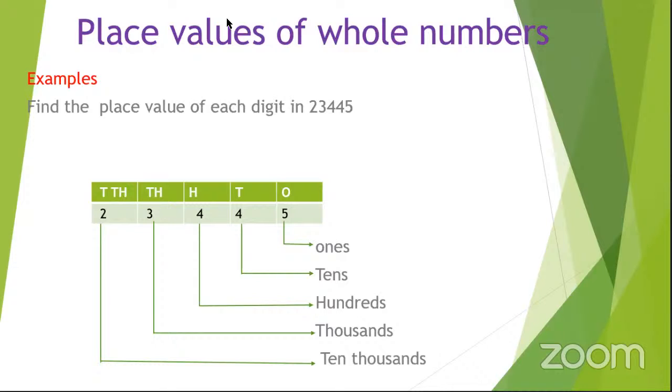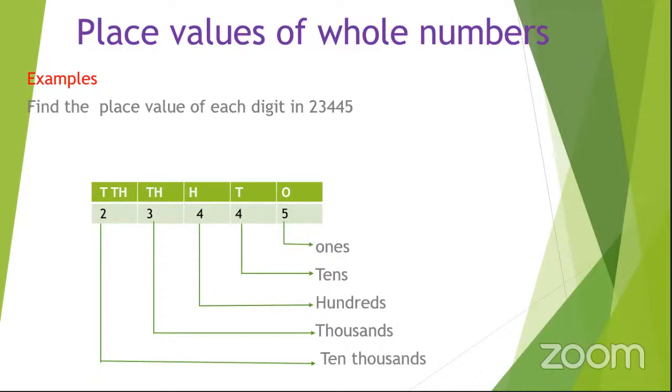After 100,000, Maria, can you guess? Okay, so from 100,000, you go to millions, you again go to 10 millions, like that. But our interest in primary 4 is 10,000 and 100,000.